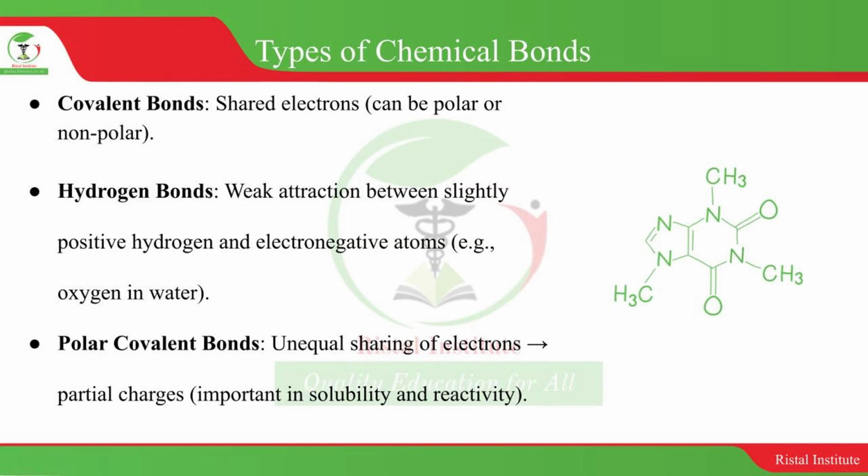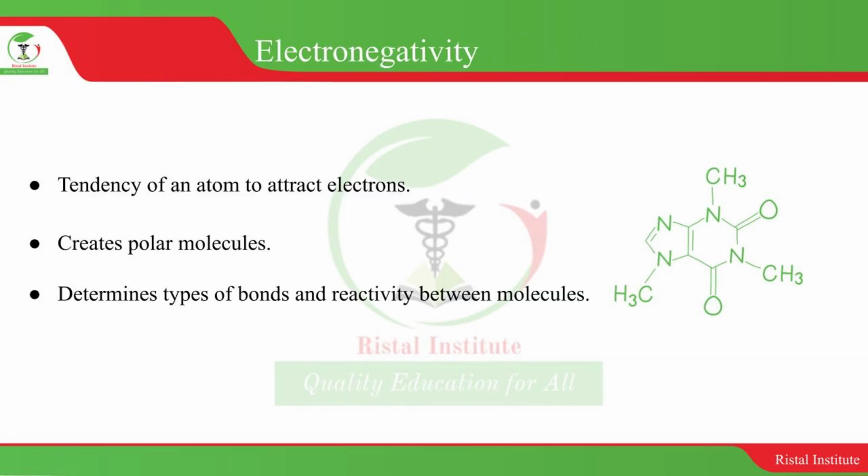Polar molecules basically are those that have both the positive charge and the negative charge at one point. So usually polar molecules can dissolve in polar solvents. That's basically basic chemistry. We have talked about electronegativity. Perhaps you need to understand what it is.